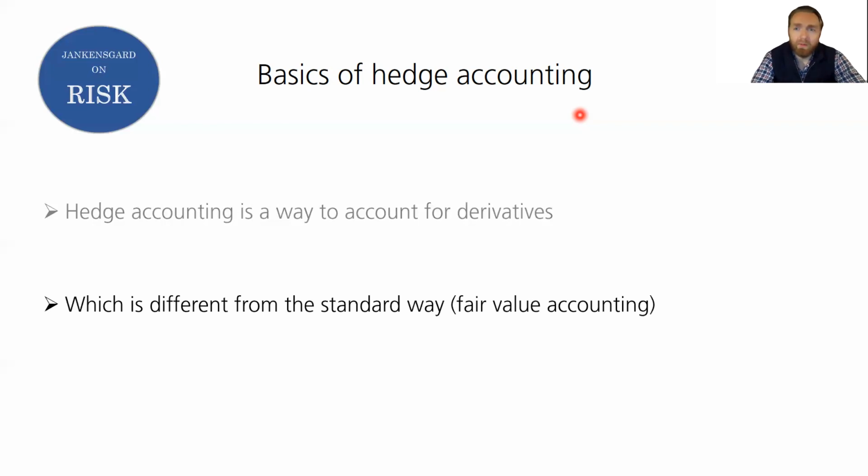And the principles underpinning hedge accounting are different from the standard way, which is fair value accounting. This is how derivatives are normally supposed to be accounted for in the financial statements. So we have one set of principles that, unless you apply hedge accounting, will dictate how you're supposed to present these derivative instruments in your financial statements.